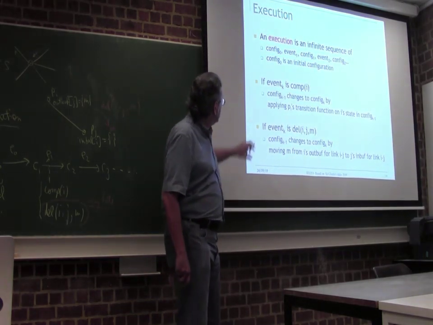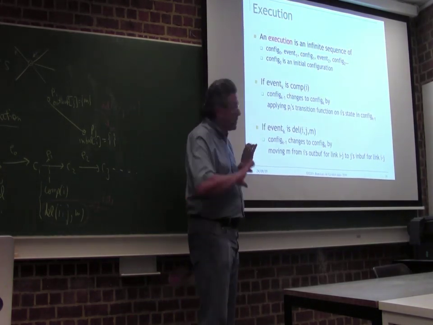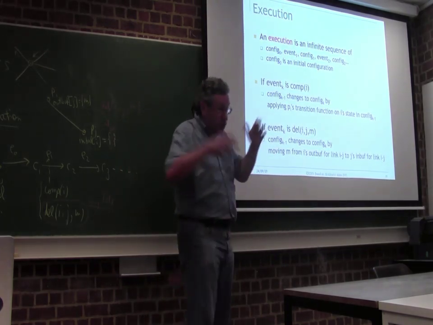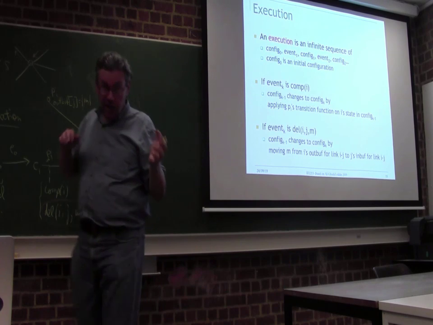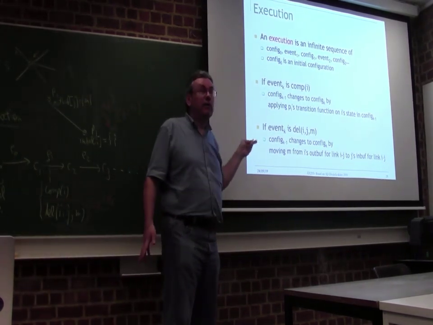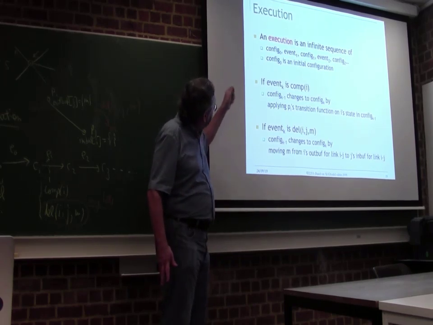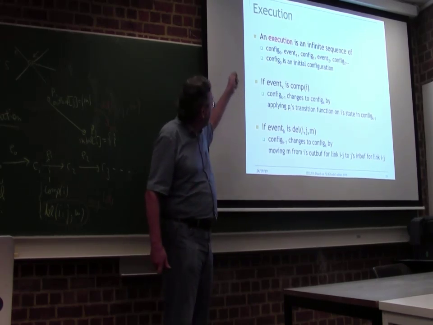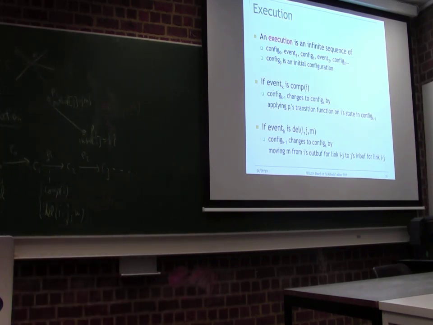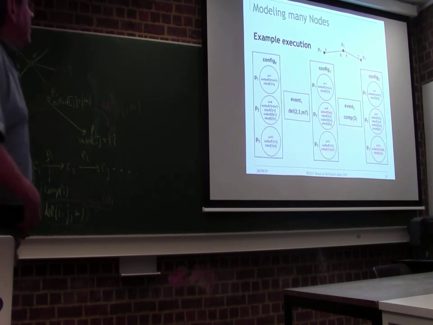Okay? So these are the two possible events, and that's all there is. So the executions, all the distributed systems we're going to see in the whole course will obey this model. Okay? So this is actually a very simple model, but extremely powerful, and it somehow encapsulates the really interesting part of a distributed system. Okay?